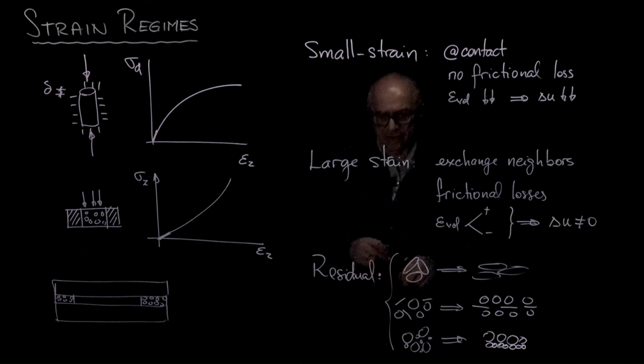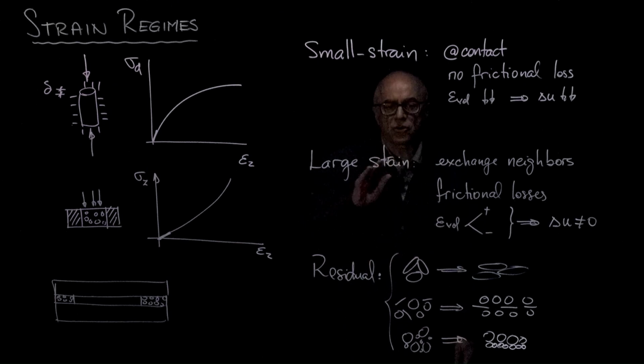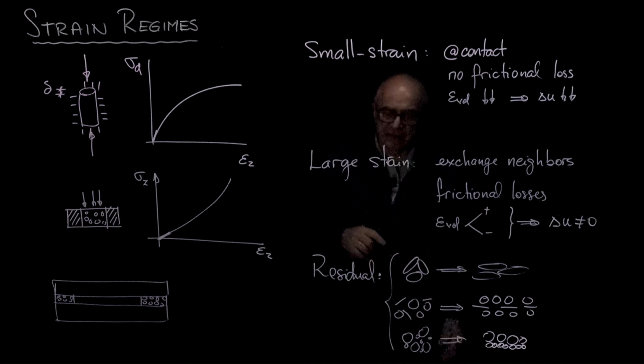Before we finish with this board, you may wonder, where is the critical state? Well, critical state is a large strain regime where shear occurs at constant volume. The problem is that if I keep shearing the soil and the soil is made of elliptical particles or different particle shapes or particle size, eventually critical state will evolve towards a residual state.